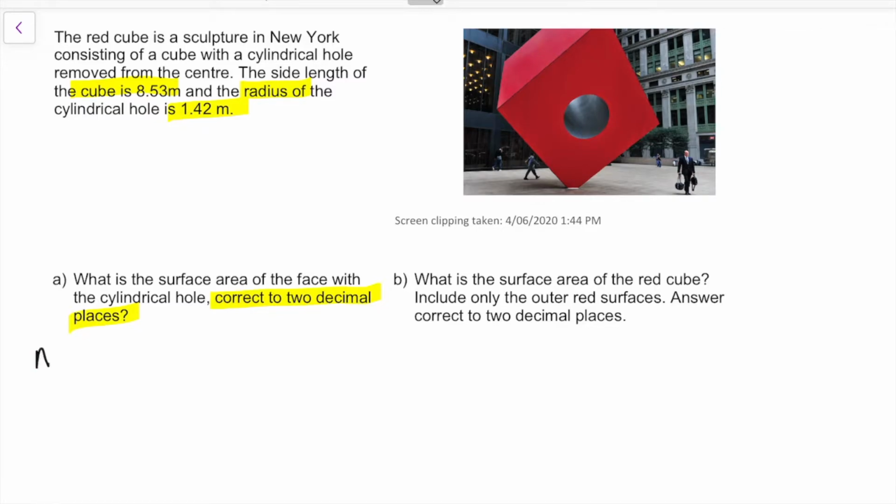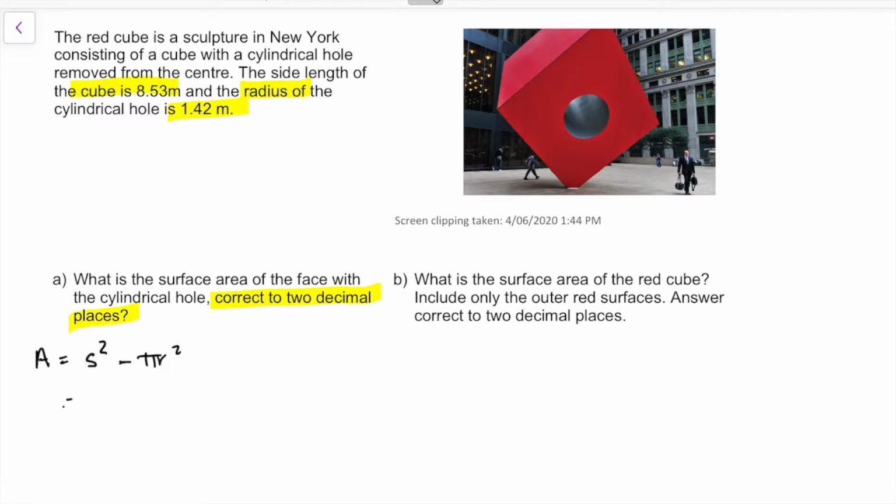So the area of that face is going to be the area of that square, which is s squared, and we're going to take away the area of the circle, being pi r squared. So that's how we're going to set this up.